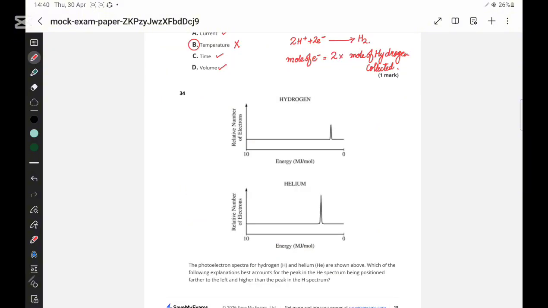For the next question, they are giving us the binding energy of hydrogen and helium. They are asking why the binding energy of helium is greater than that of hydrogen.